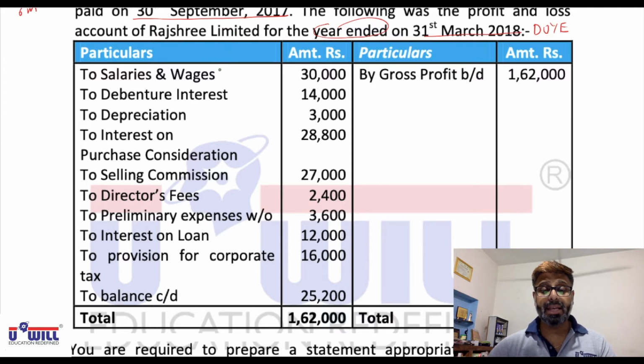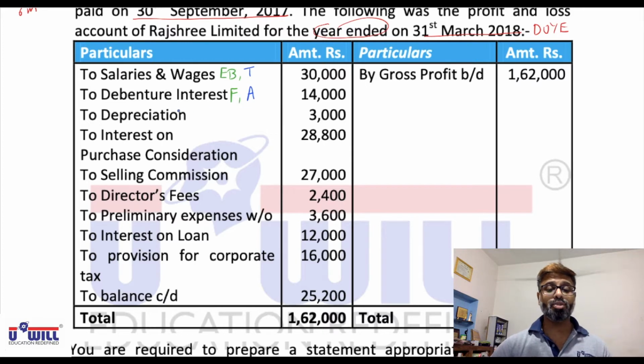Salaries and wages, employee benefit expenses, time basis. Verify whether your markings are correct. Then debenture interest is finance cost, and on actual basis, it will go entirely in the post incorporation column.